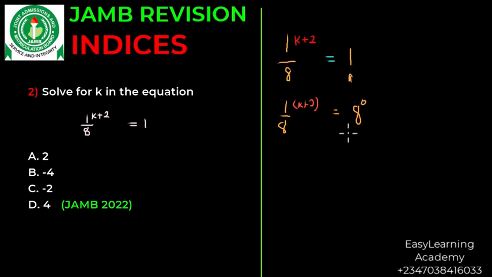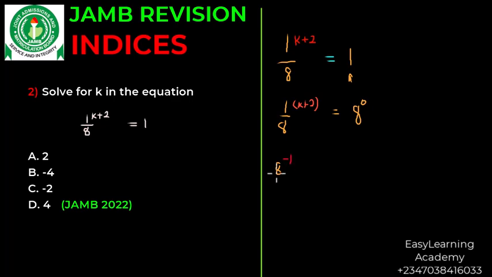So now we have 8 to the left, and also we have 8 to the right. Now we want to take away this fraction, this 1 over. Simply, we're going to have it as 8 raised to power minus 1, right? 8 raised to power minus 1 is the same thing as having 1 over 8.